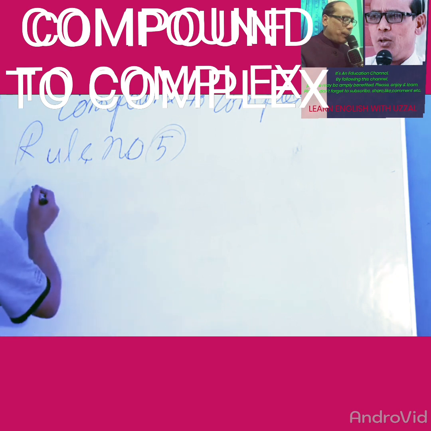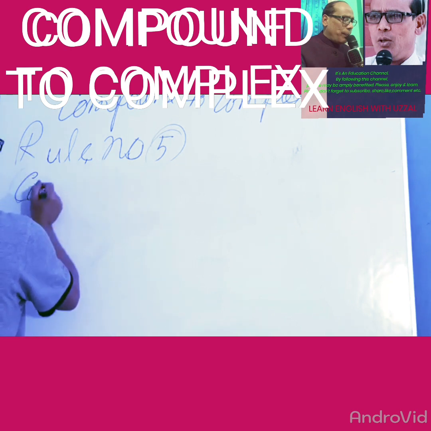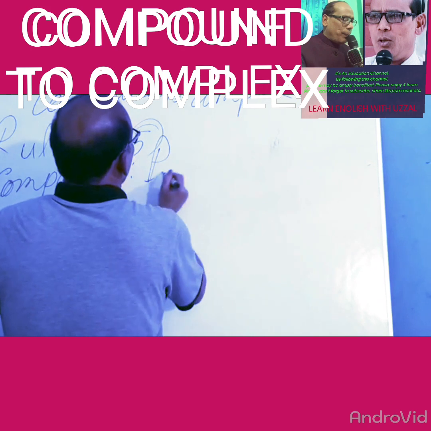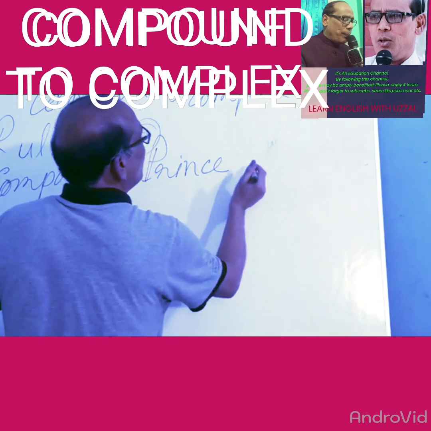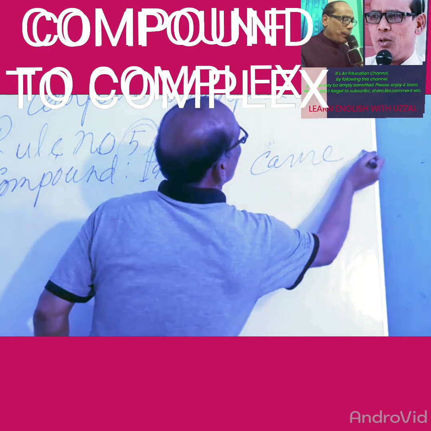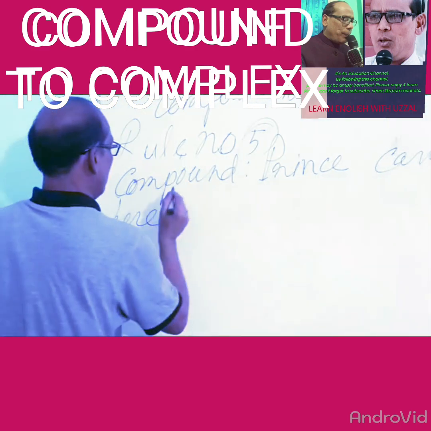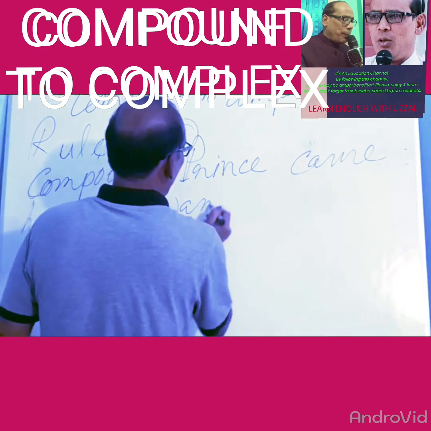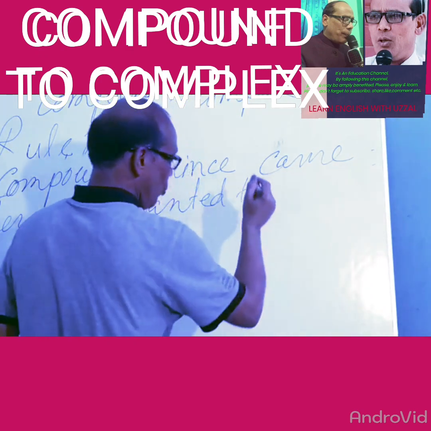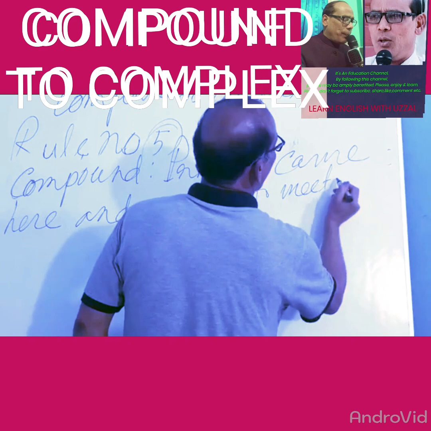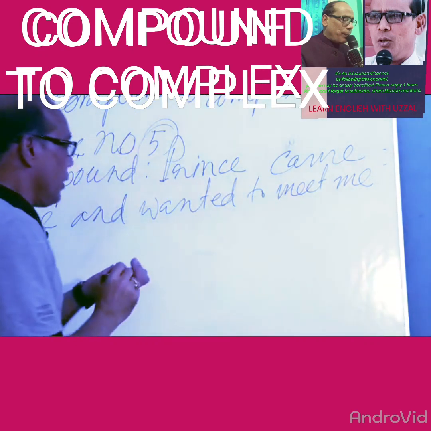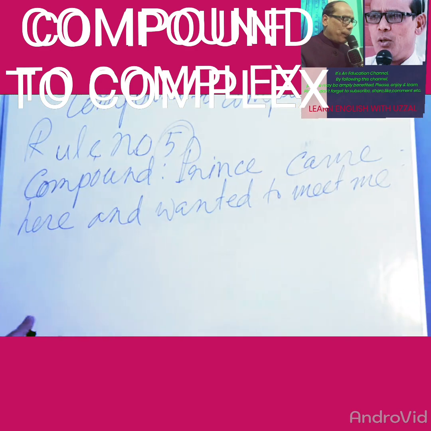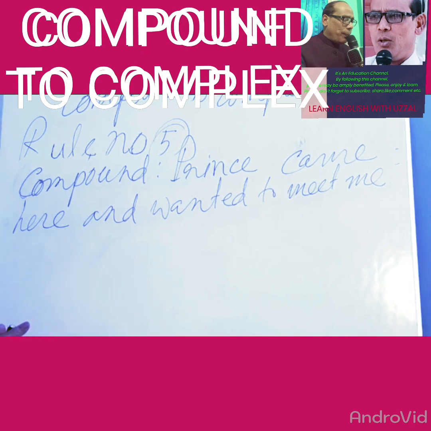Compound sentence: Prince came here and wanted to meet me. Here, "wanted to meet me" indicates purpose. Prince came here and wanted to meet me.